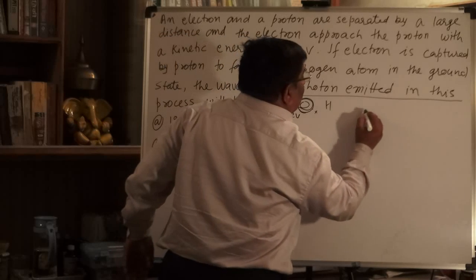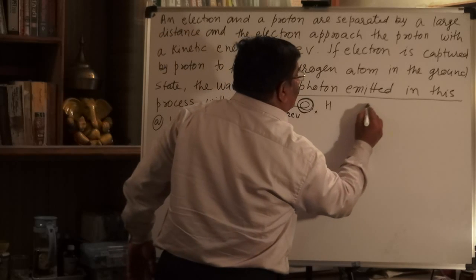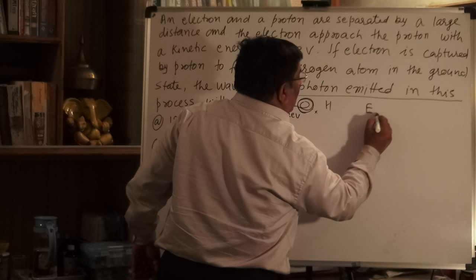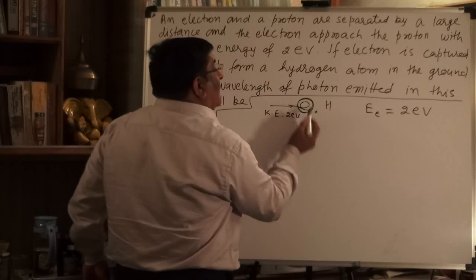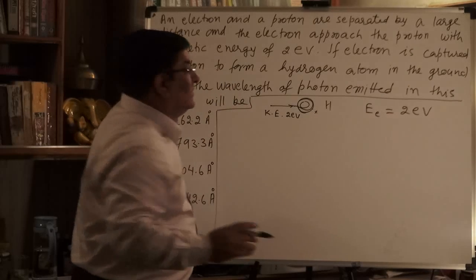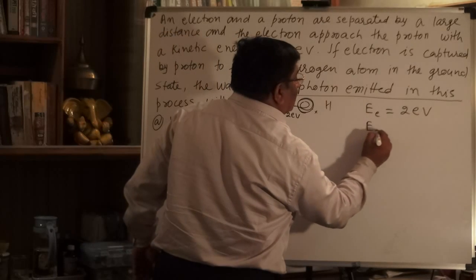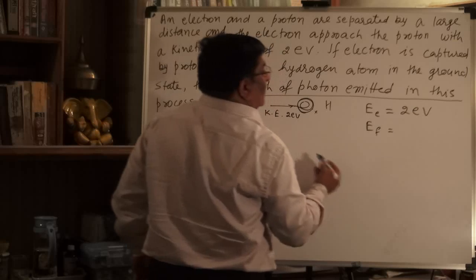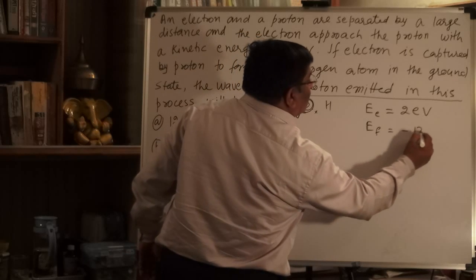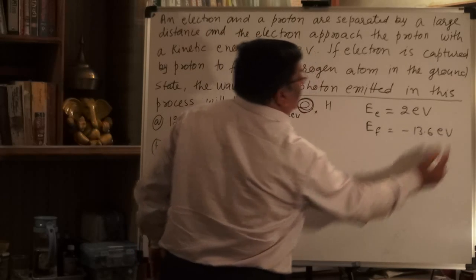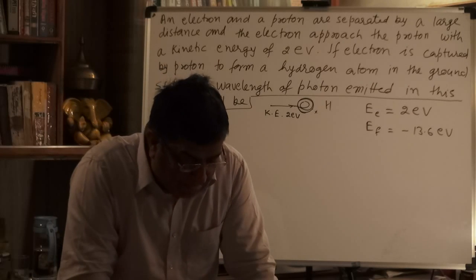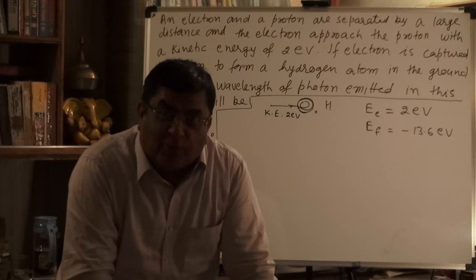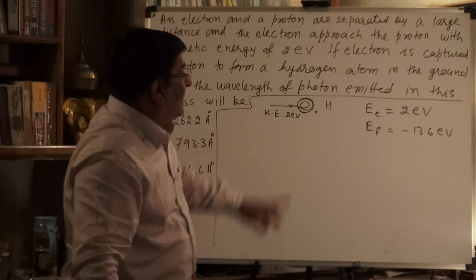So the energy with electron was 2 electron volt. By our knowledge, we know that the energy in the first orbit of the electron is minus 13.6 electron volt. This is from atomic structure. Then what is the difference?